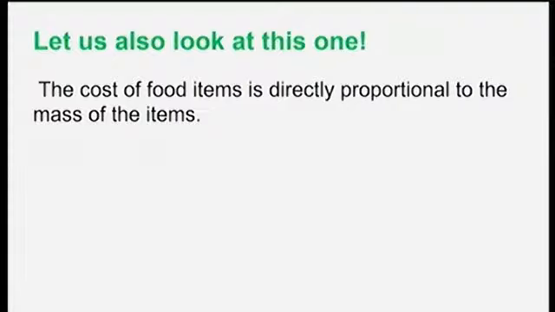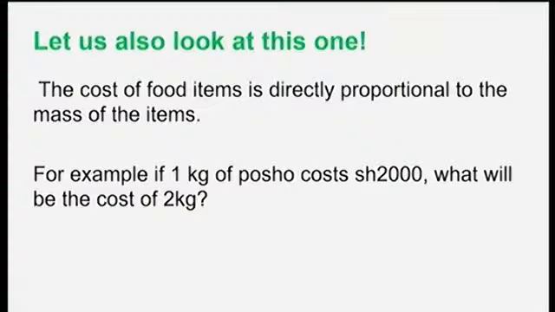The cost of food items is directly proportional to the mass of the items. For example, if you went to a shop, 1 kilogram of posho costs 2,000 shillings. What will be the cost of 2 kilograms?